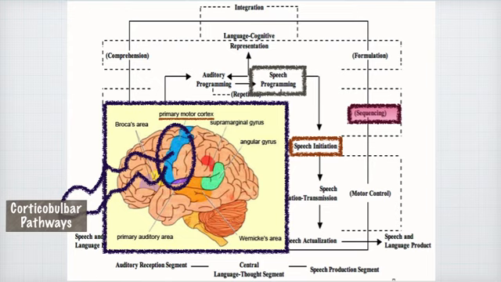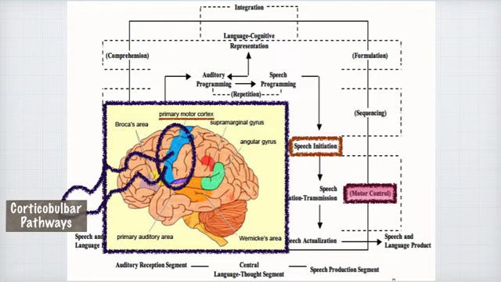And then, through the corticobulbar pathways, this part of speech initiation, still sequencing, sends impulses to the speech structures intended to deliver. Those are the features she already has. And then it gets to the motor control part.